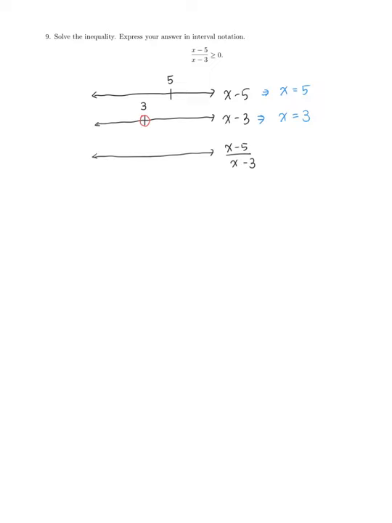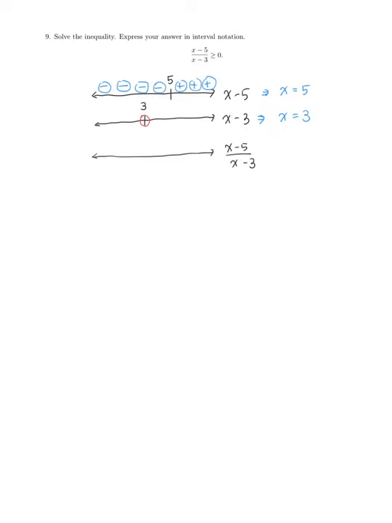That tells us that all these numbers to the left of 5 are going to be negative. Now, pick any number from 5 to infinity, so let's just pick 6. If I plug in 6 in place of x, you're going to have +1. So all the region here is going to be positive from 5 on.